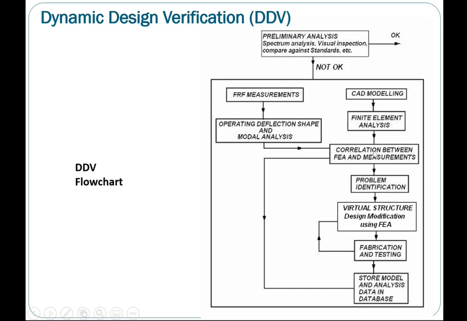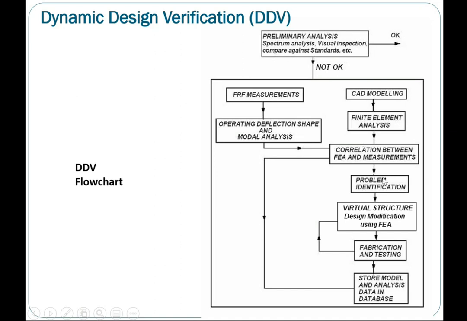So if you have the same set of natural frequencies and mode shapes in this computational modal analysis as in the experimental modal analysis, meaning to say your CAD model is behaving the same dynamically as your actual system, actual machine, then we can say that the CAD model is validated.